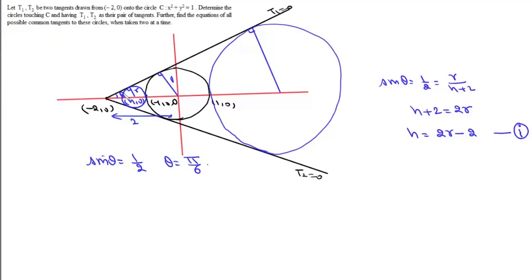Now here this angle is pi by 6. So here this slope will be 1 by root 3 and here will be minus 1 by root 3.